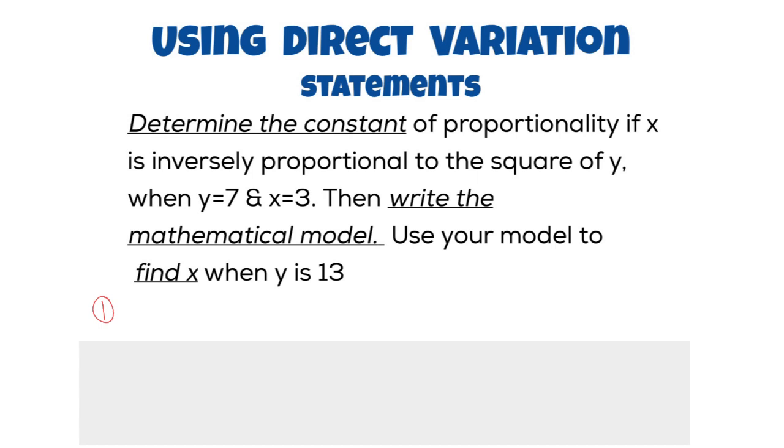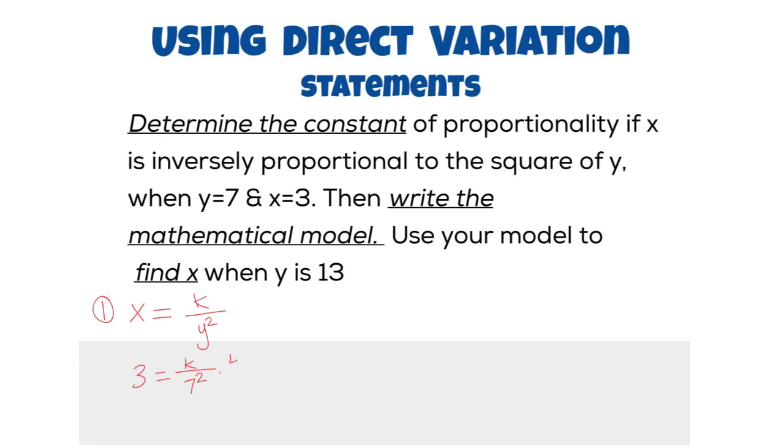All right, I think I can write that. x is inversely proportional, so it's going to be k over the square of y. All right, so that's going to be my formula. But that's really not my answer because my answer was to find k. It does tell me that when y is 7, x is 3. All right, well, that's enough for me to figure out k then. So I'm going to keep going. This is still step 1.